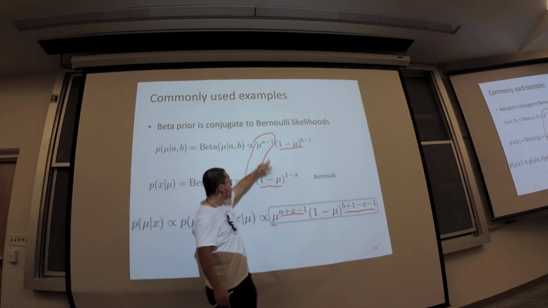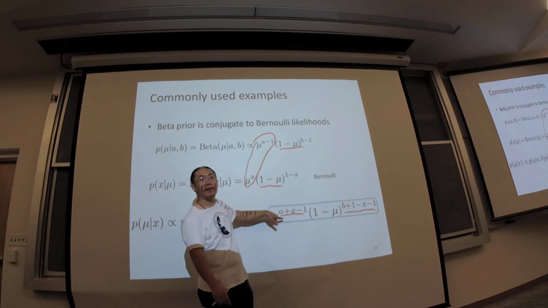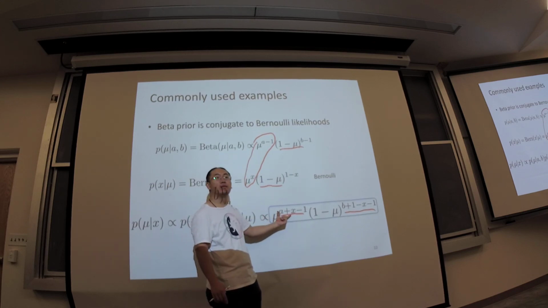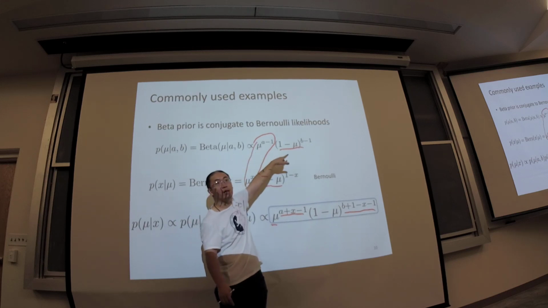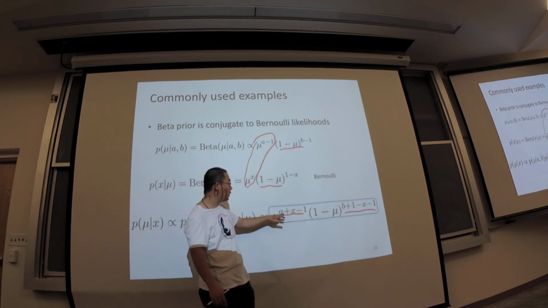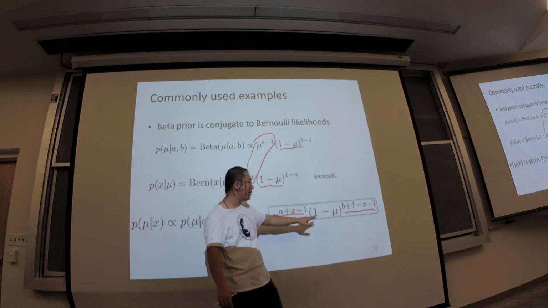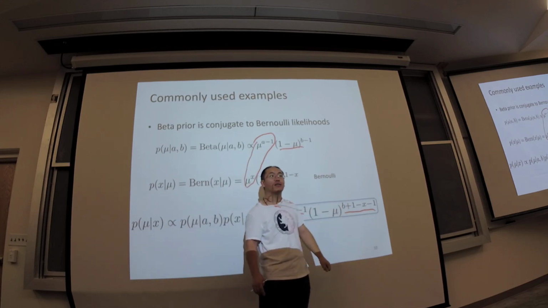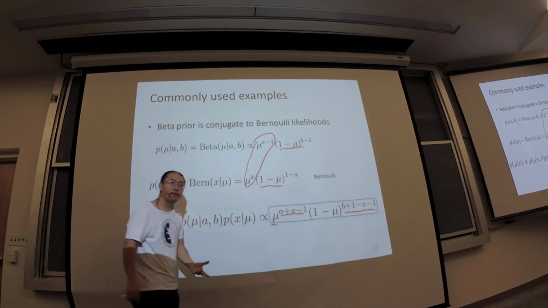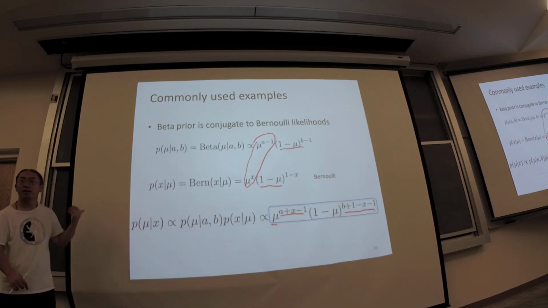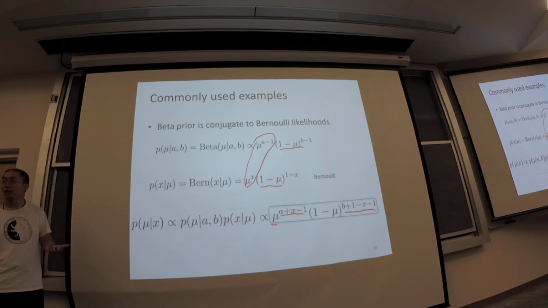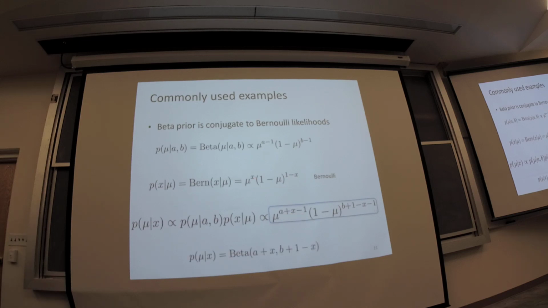The functional form takes the same form as the prior. The only difference is the exponent. For the prior, the exponents are a and b, and for the posterior, the exponents are a plus x and b plus 1 minus x. So the posterior follows the beta distribution again, parameterized by a plus x and b plus 1 minus x.